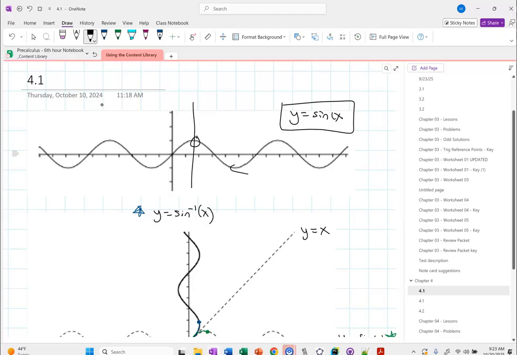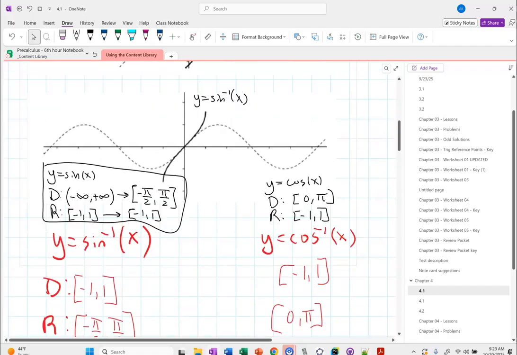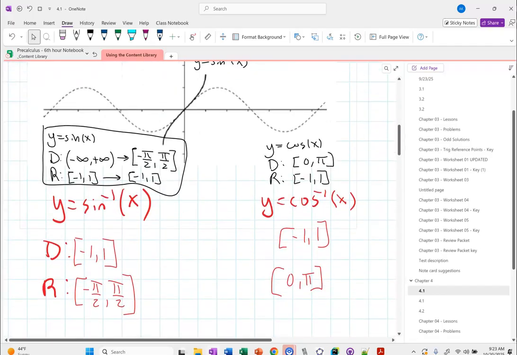So I just went from there to there, right? Which is 0 to pi. Does that make sense? So I did the same exact thing. When I restricted the values, I had to use different values to cover negative 1 to 1. So that's all.